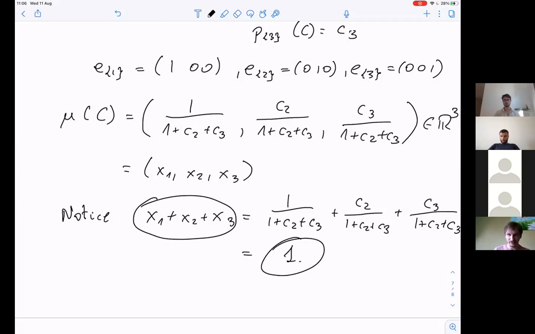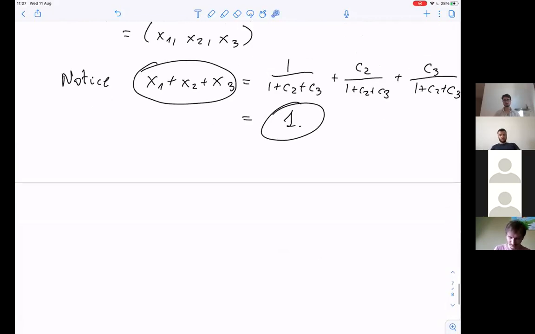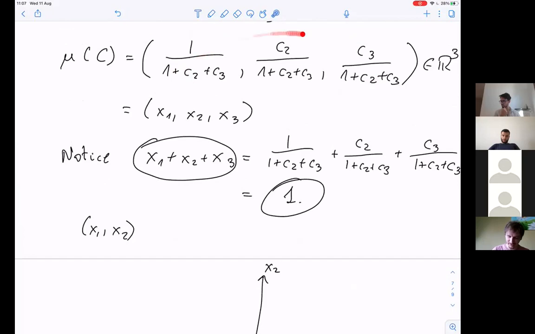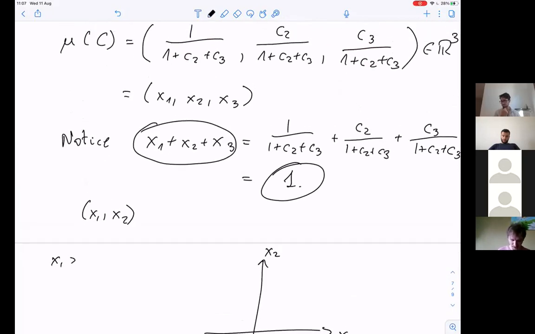Okay. So if you now just depict it, you can just choose x1 and x2 as your coordinate system, because x3 depends on x1 and x2, so we don't have to depict it. So x1 and x2. Then you will notice that all these points here always satisfy that x1 is non-negative, x2 is non-negative.